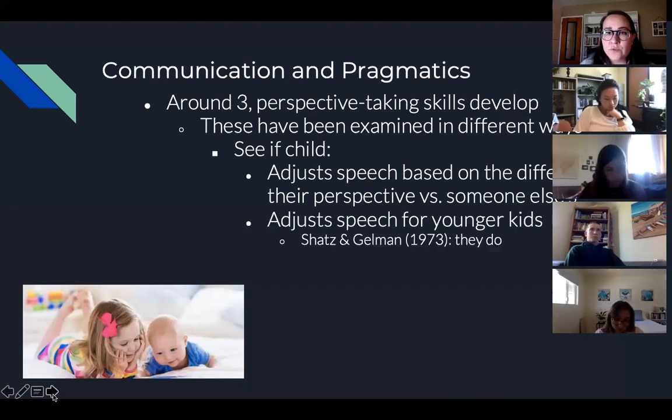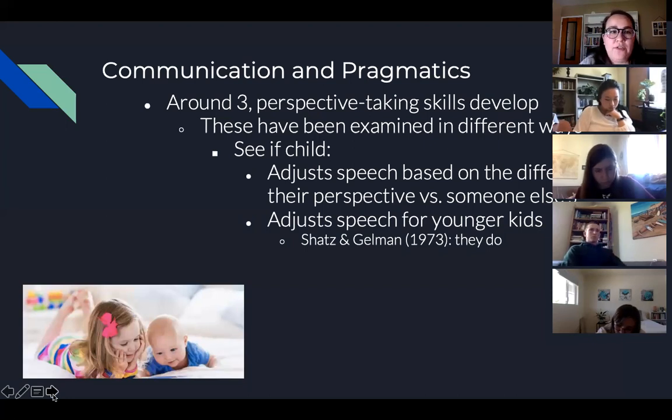Another way to look at perspective taking skills is to see whether children adjust their speech for conversation partners who are younger than them. A study by Shatz and Gelman actually gave us some evidence that they do.